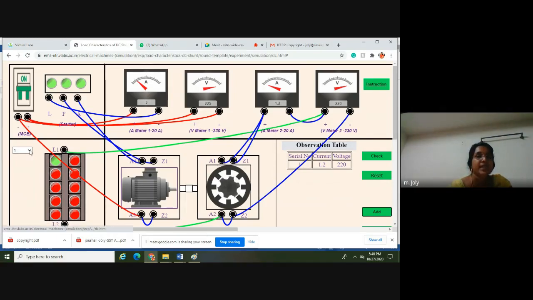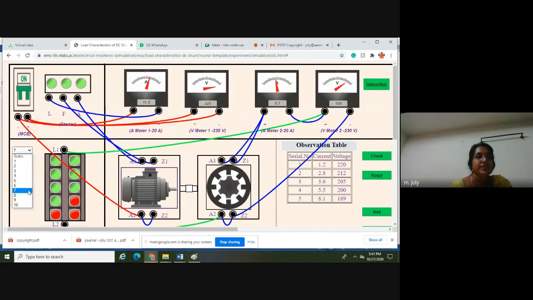Next I'll select another bulb, so 2 bulbs are glowing. Again add. Now I want 4 bulbs, so 4 bulbs are glowing and I add. Next I change to 5 and add, then 7 and add, then 8 and add.